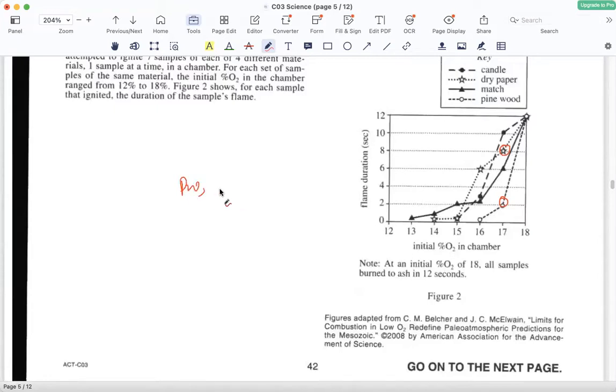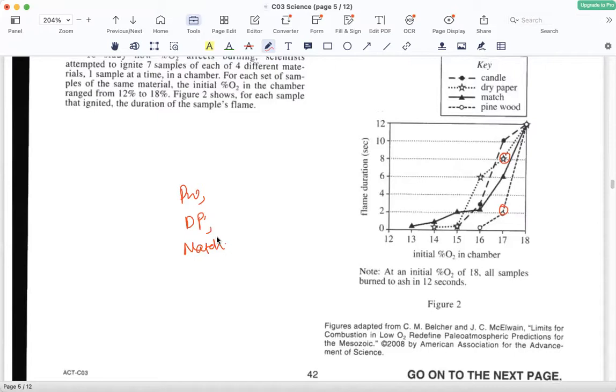Then you had, wait, where is the other one? There are 4, right? So there is pine wood. Then there is the star, which is dry paper. Then there is the triangle, which is match. And what about this one? Candle. Where is candle?